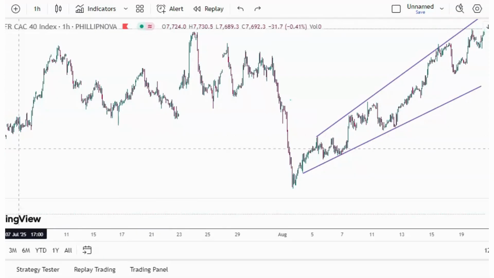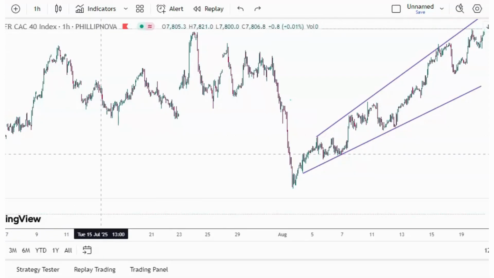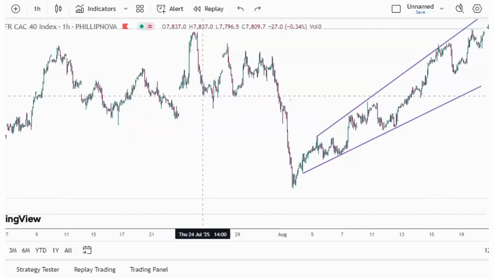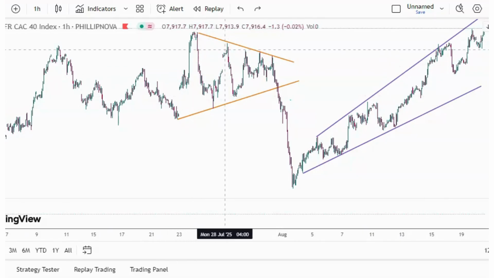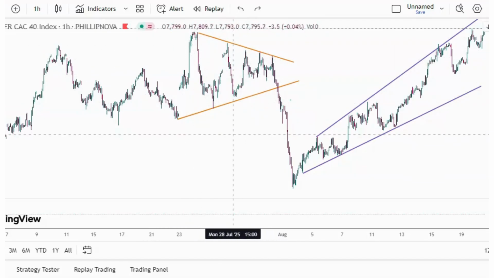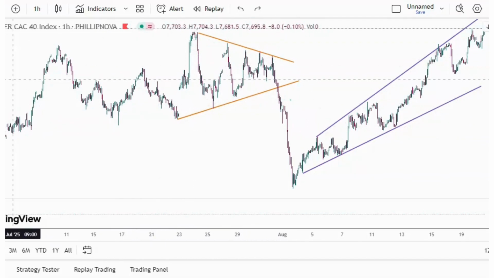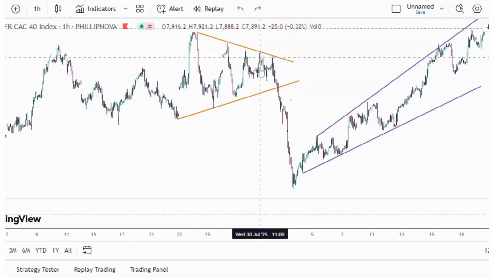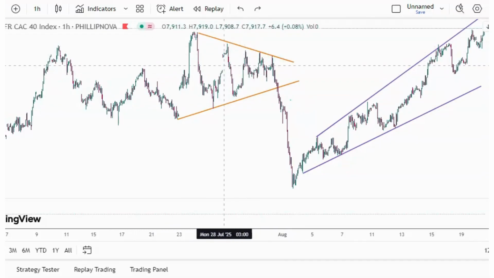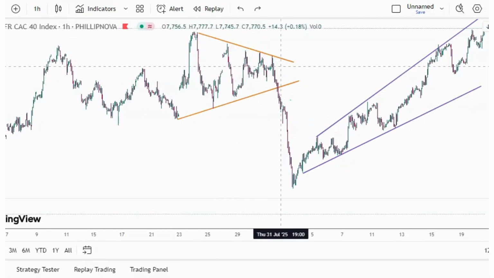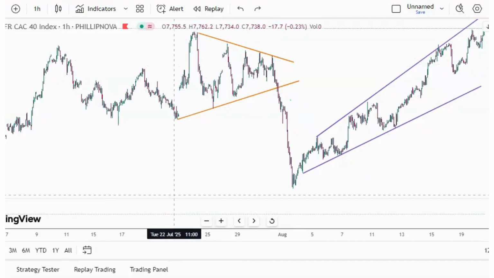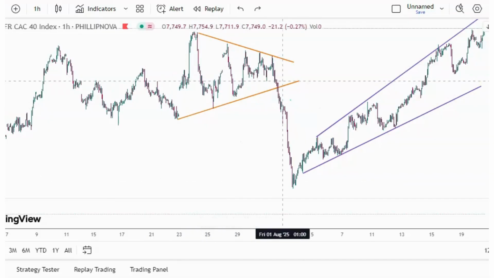What else in this chart? If we back up a little bit, let's look at this area here. This is a line, right? And this is another trend line. Both of them form a symmetric triangle. Many people will tell you that the symmetric triangle is a continuation, but I'm telling you, according to my experience, no, not necessarily.